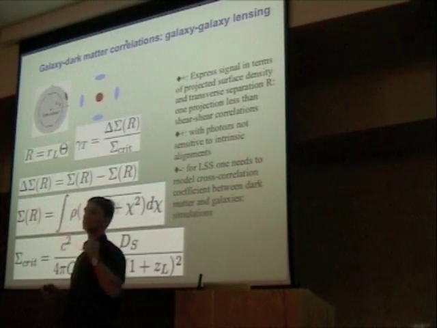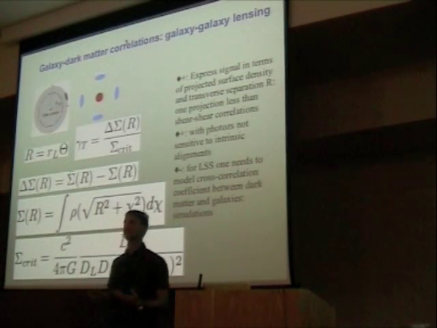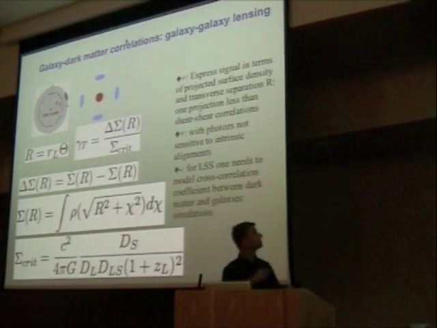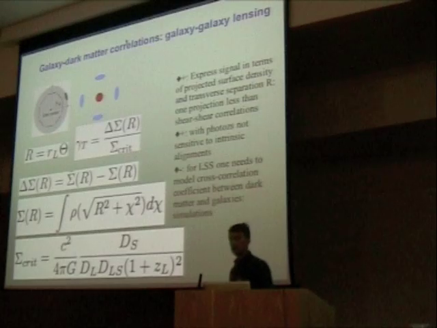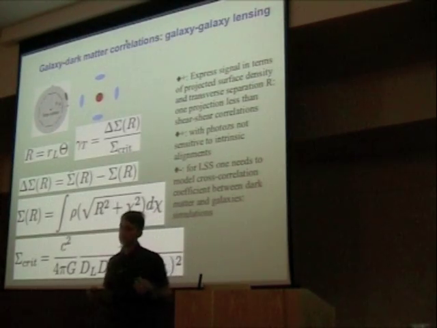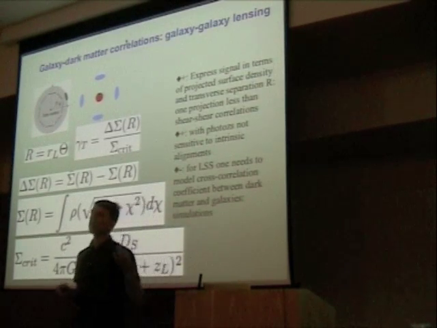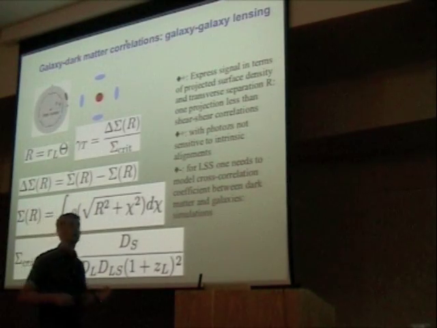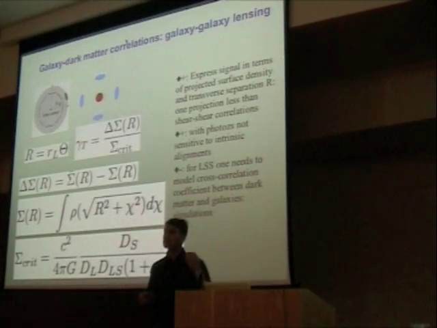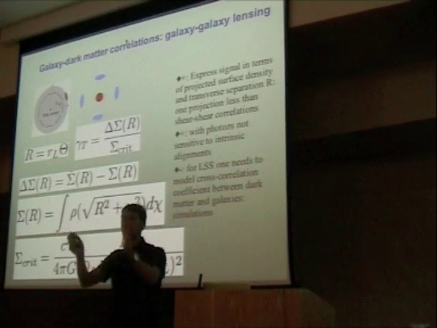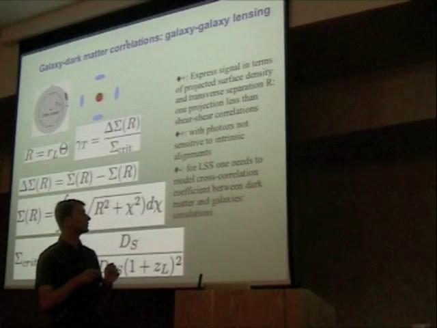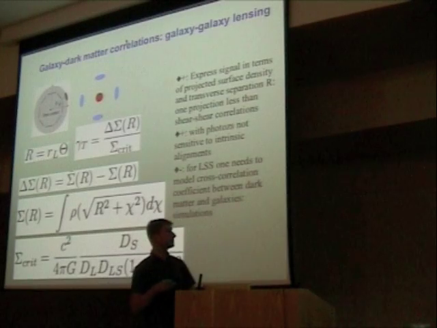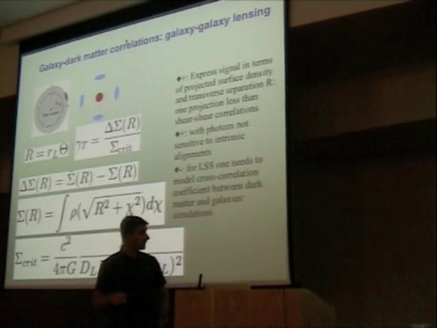Everything from the observer to the source adds to the signal. Whereas if you have a lens and you're looking at a shear pattern around the lens, then the contribution is only the contribution that is correlated with the lens, and as such one can have the lens redshift, and therefore one doesn't have to express the answer in terms of the angular separation, but one can actually express the answer in terms of transverse separation from the lens, which of course is just the angular diameter distance times the angle.